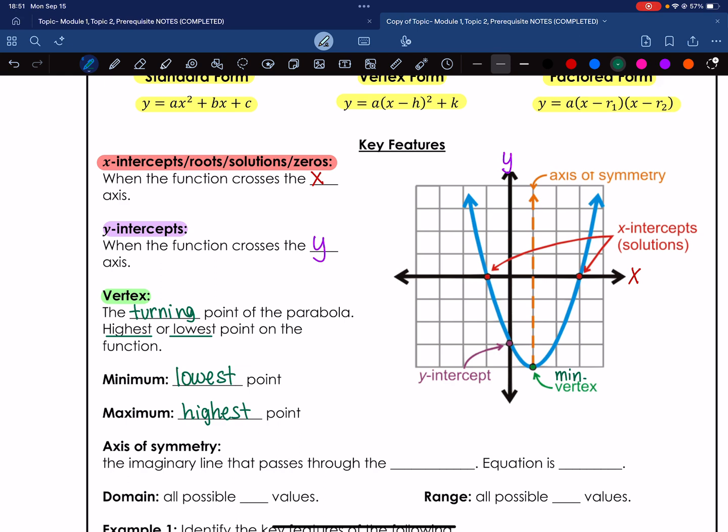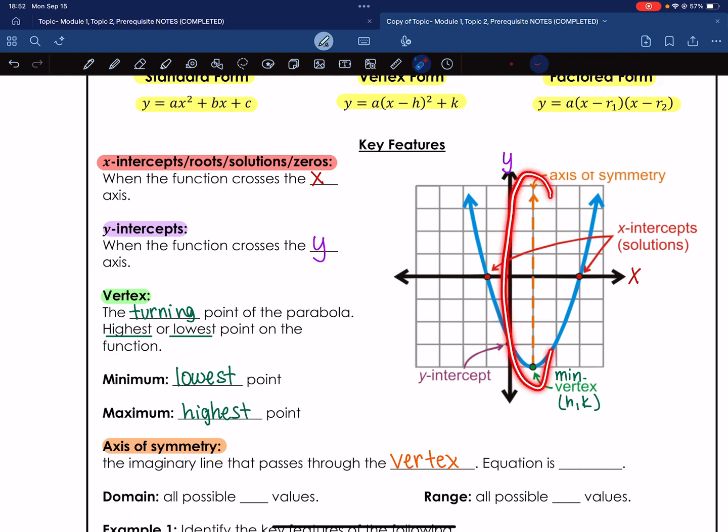Now the vertex is going to be labeled as h, k. And that comes from our vertex form up here, which again, we'll go more in depth later. But we need that to help us find our axis of symmetry. The axis of symmetry is an imaginary line that passes through the vertex. That is this dotted line.